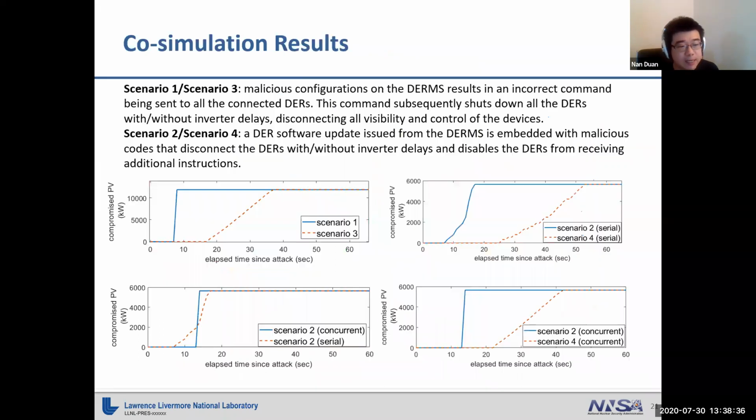In this case, we have four scenarios, differentiated by two factors. Scenarios one and three suffer a malicious command issued from the terms, but scenarios two and four suffer a malicious software update issued from the terms.